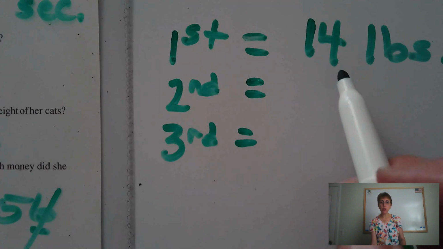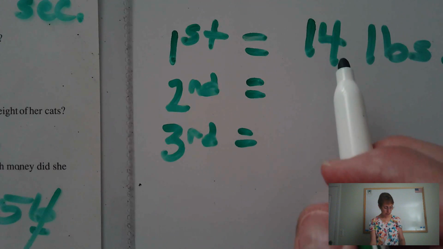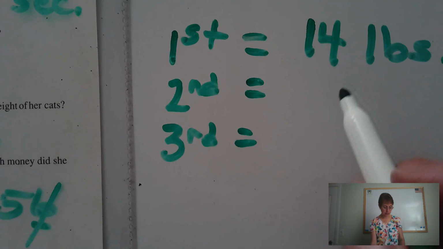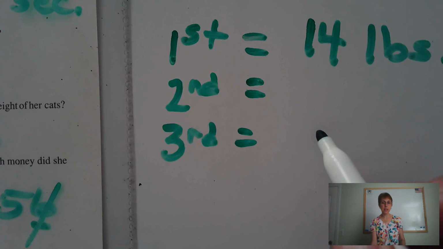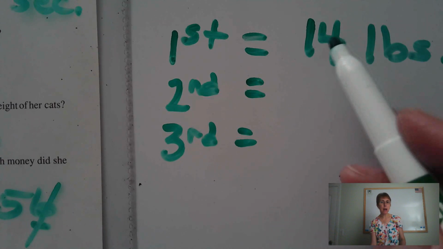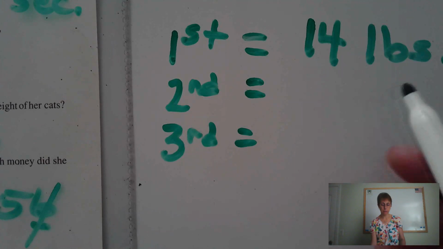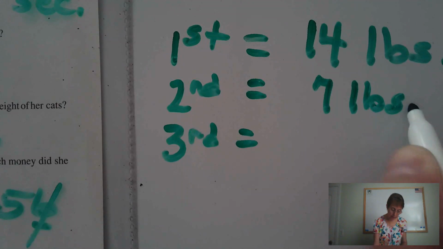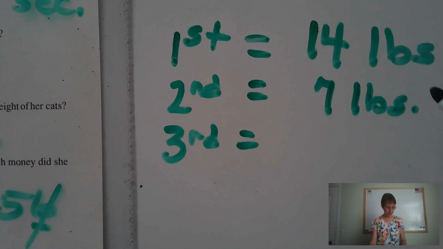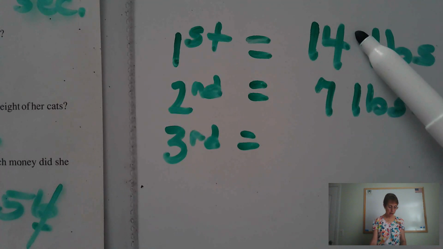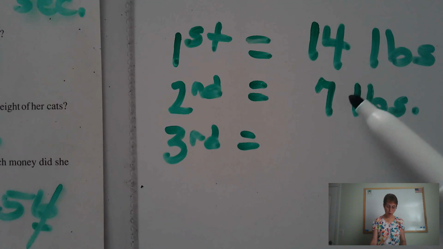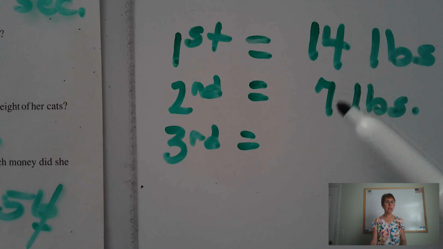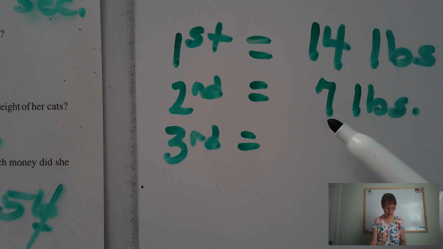So if the first box weighed 14 pounds and that is twice the weight of the second box, then the second box is just going to be half of that. And half of 14 is 7. So the second box weighed 7 pounds.